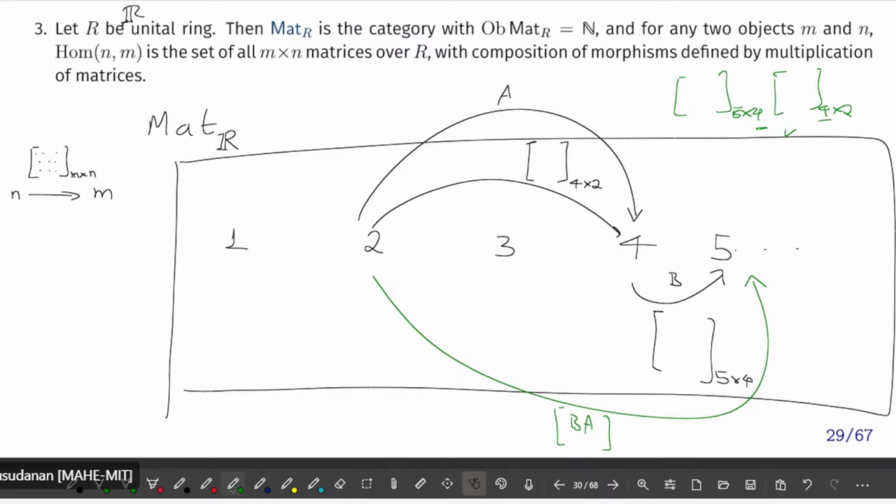After multiplication, you get a 5 by 2 matrix. Identity matrix. So that's a category.